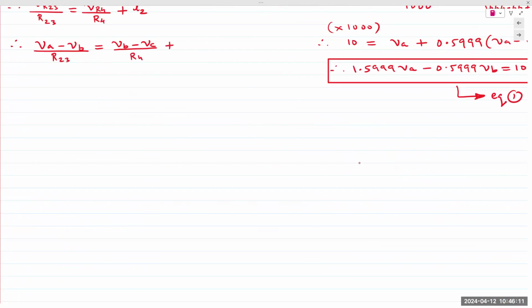And then I2 is, this is the current source. I'll do it in the next step.